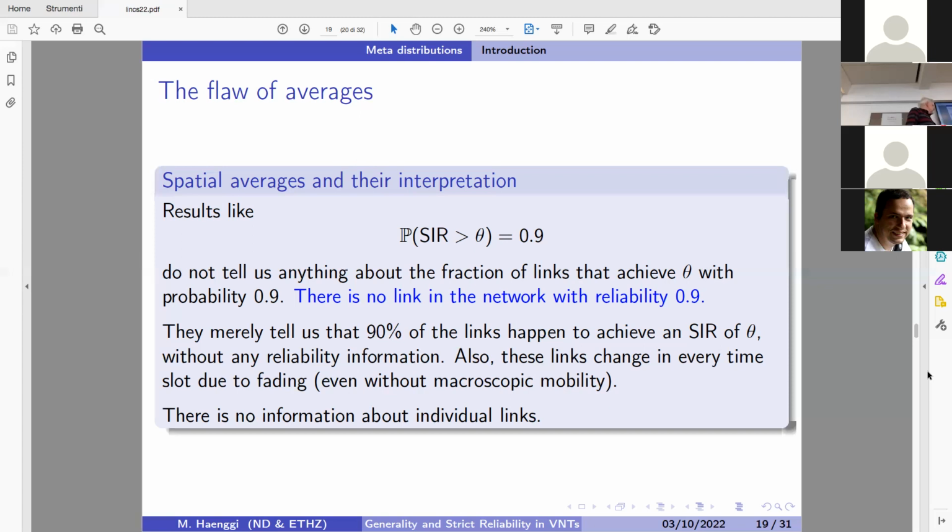So what this tells us is really only that 90% of the links at any time instant happen to achieve an SIR of theta, without any reliability information. Moreover, these links are going to change from time slot to time slot. It's not that a vehicle that achieves this once does so forever. That changes because of the fading. So, in other words, there's no information about individual links.